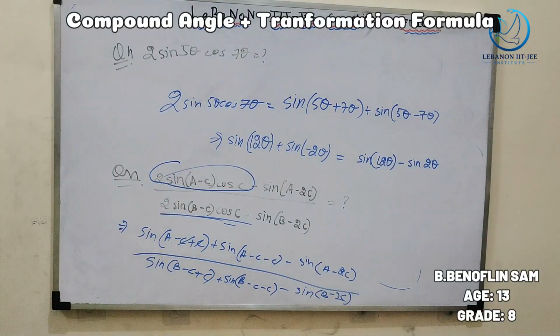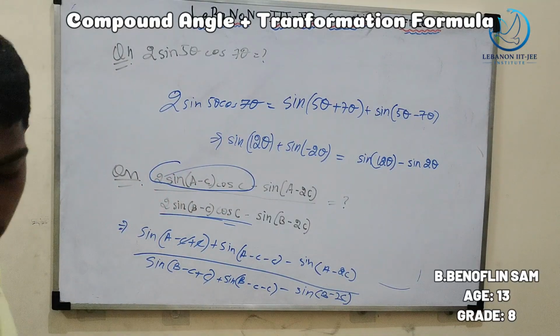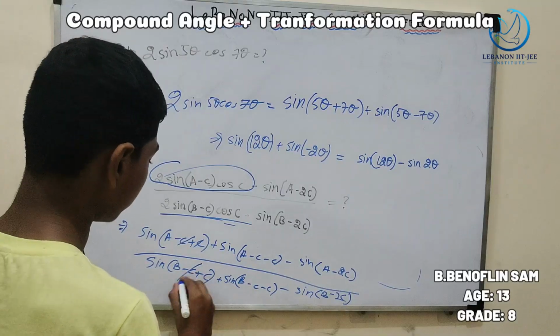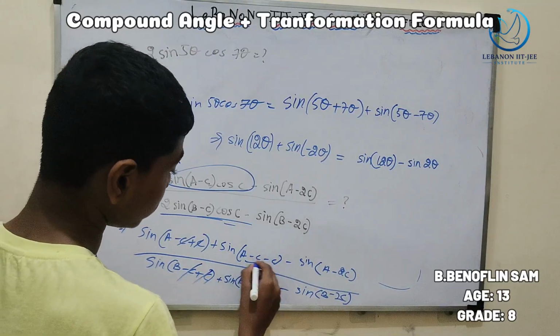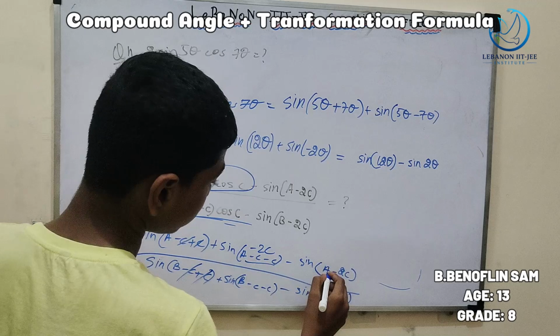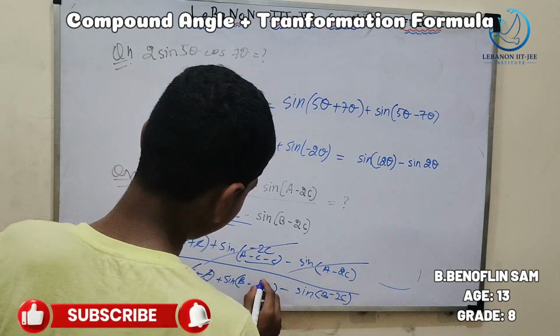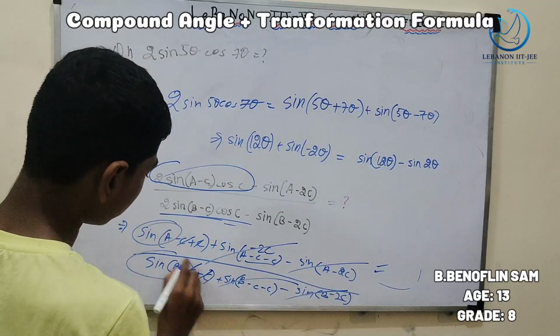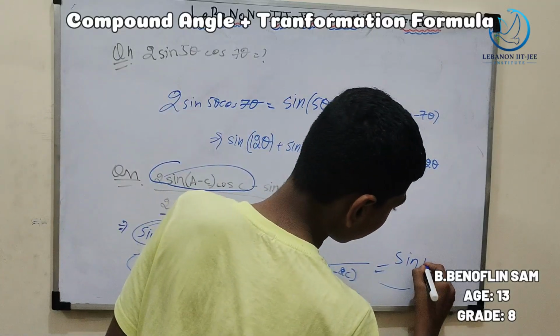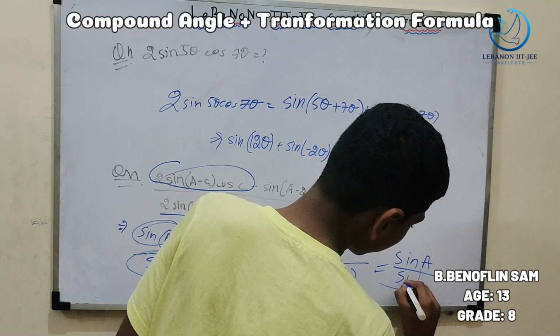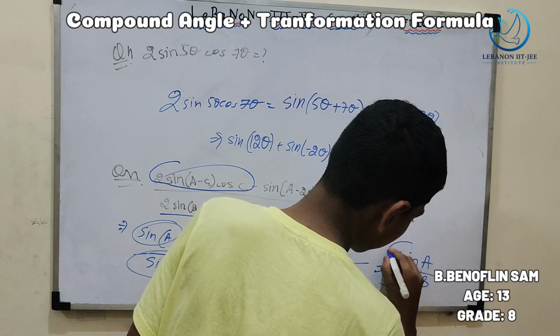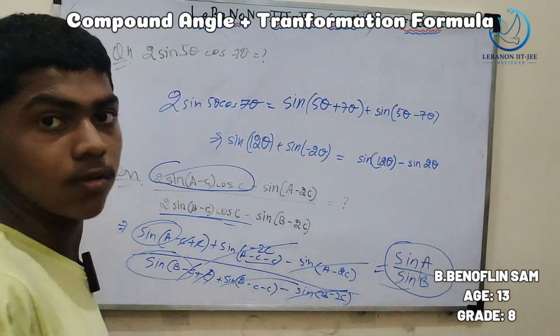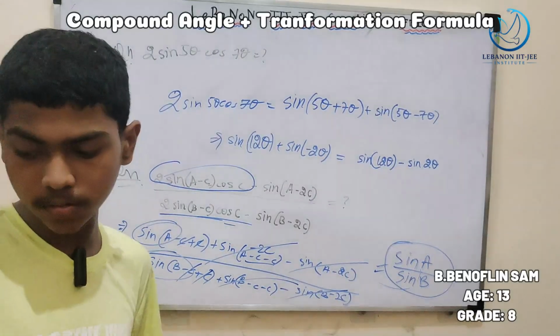If you calculate like this, you will get this. So you can cancel these, and here you will get 2c, but it will be cancelled here. So same as this one. So you take it as sine a into sine b. This is how to solve problems like this.